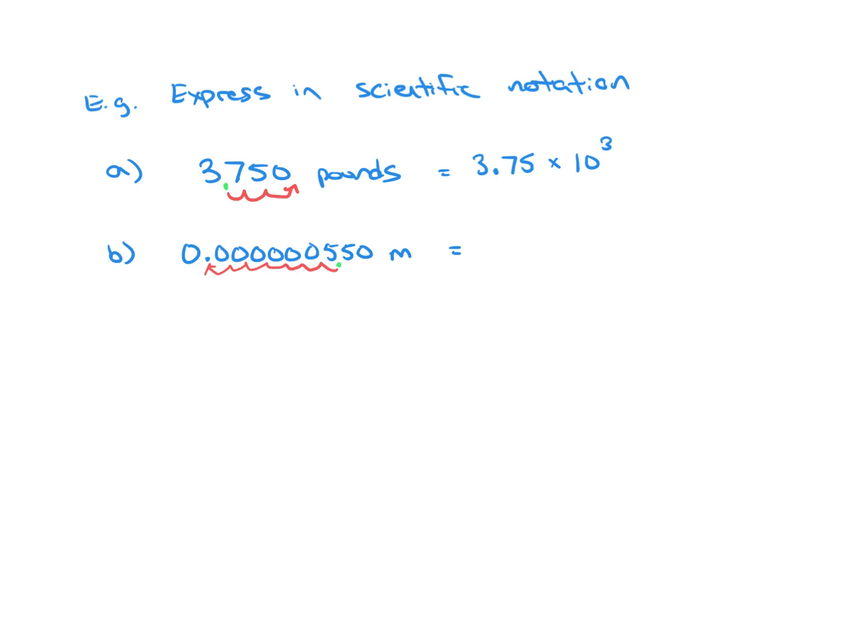So sliding the decimal point 7 places to the left is done by multiplying by 10 to the exponent negative 7. Now what do we write before the multiplication sign? We are going to write a number between 1 and 10.